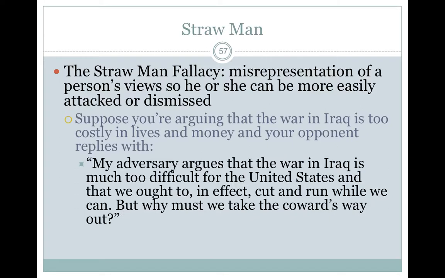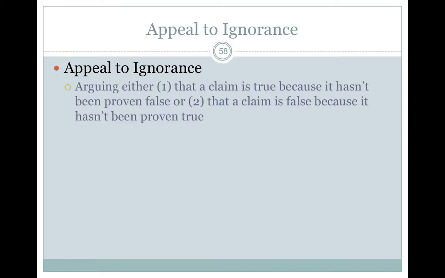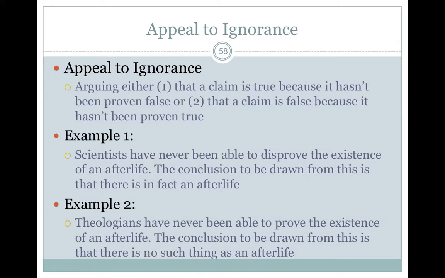And then the straw man fallacy is misrepresenting somebody's views so they can be more easily attacked. So here's an example if you want to pause it, but I'm moving on. In the appeal to ignorance, this is fascinating, but at this point I want to just get these on the table and let you read them and proceed. So pause it if you'd like.